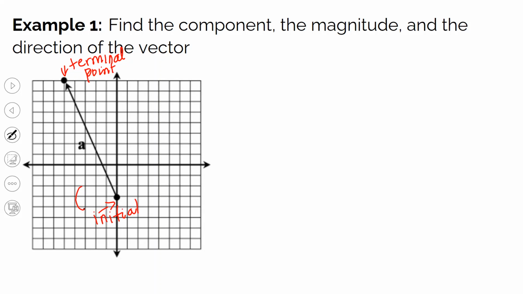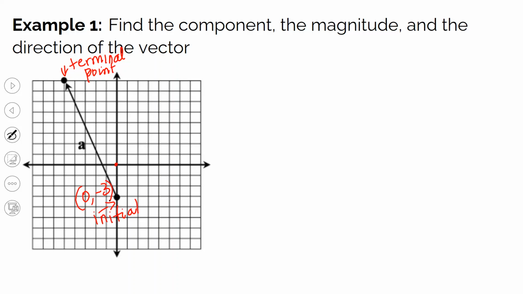The coordinate is just finding the x and y values. The x value for this, since it's right on the origin, is 0, and the y value, we go down 1, 2, 3, so down by 3 points. So the coordinate for the initial point is (0, -3).